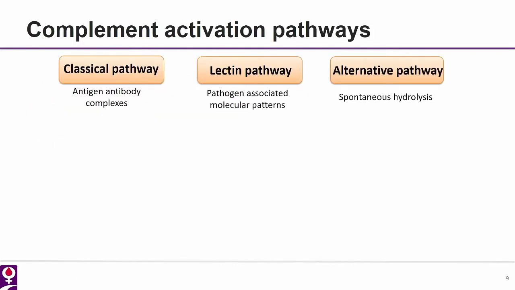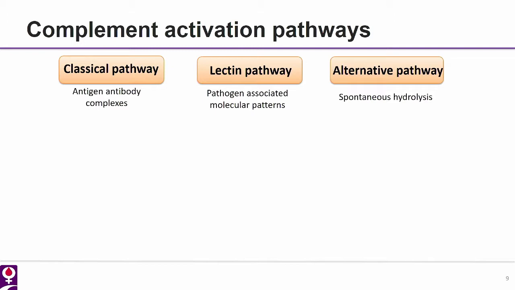So as Dr. Arpali mentioned about the complement pathways, complement can be activated by 3 different pathways. And complement is a cascade of events where in the steady state, these proteins are in inactive form. When there is a trigger, these proteins get activated, and once one protein gets activated, it activates another protein.